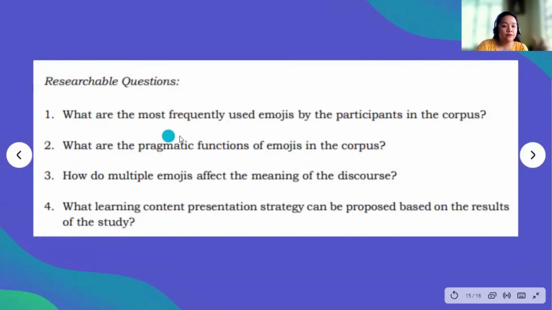Paano mo siya i-formulate? Ganito. What are the most frequently used emojis by the participants? Ano yung mga pinakaginagamit? What are the pragmatic functions of emojis in the corpus? How do multiple emojis affect the meaning of a discourse? Yung pag-uusap. What learning content presentation strategy can be proposed based on the result of the study? So mapapansin nyo that these questions are directly connected to the general problem presented a while ago.